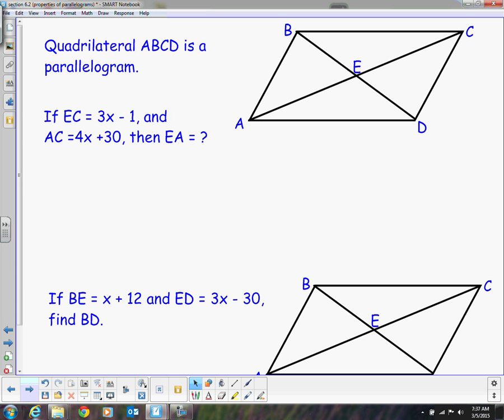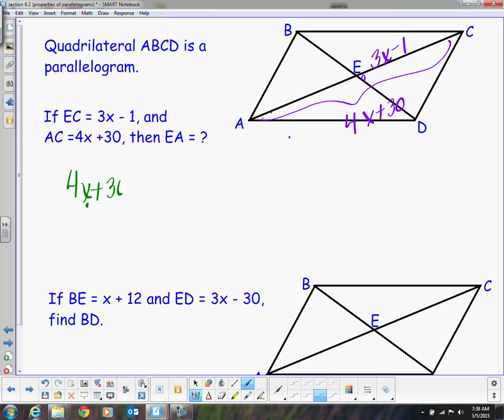Let's go to more fun. Hopefully this is algebra. All right. Now, you ready? If EC is 3x minus 1, and AC is 4x plus 30, what equation are you going to write? 4x plus 30 is equal to 2 times.